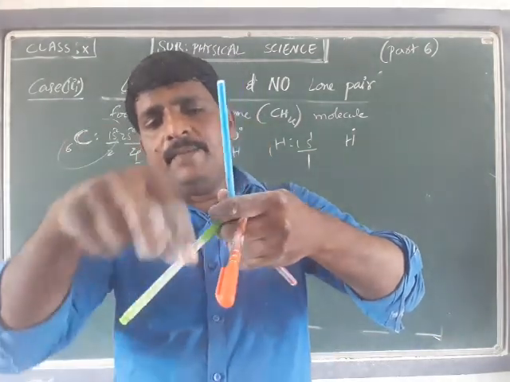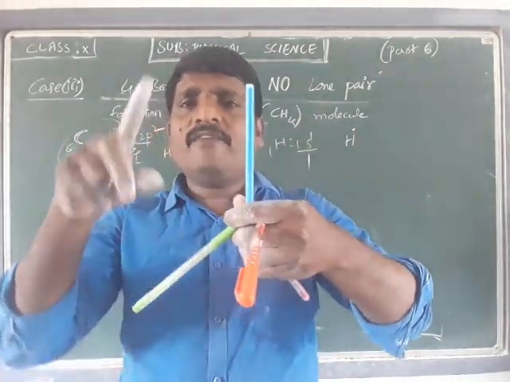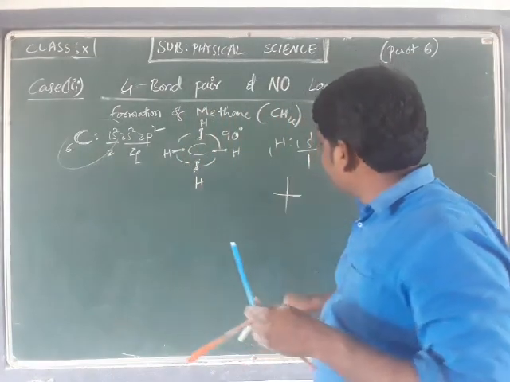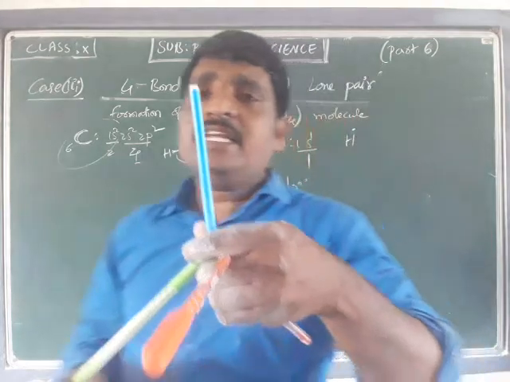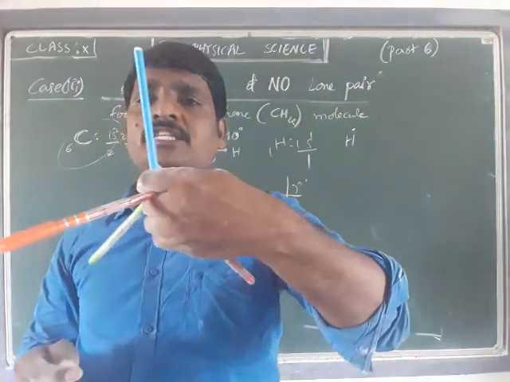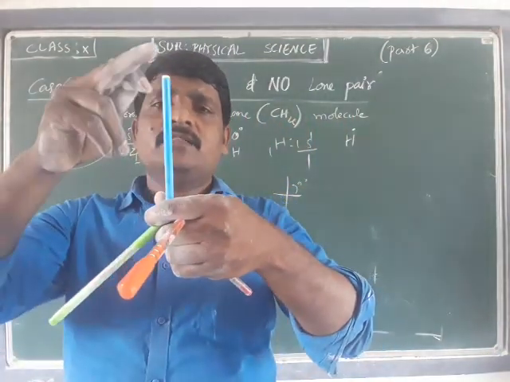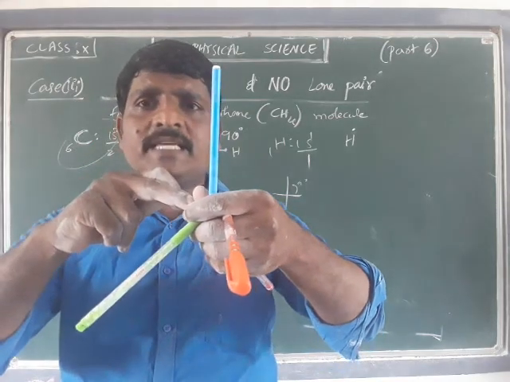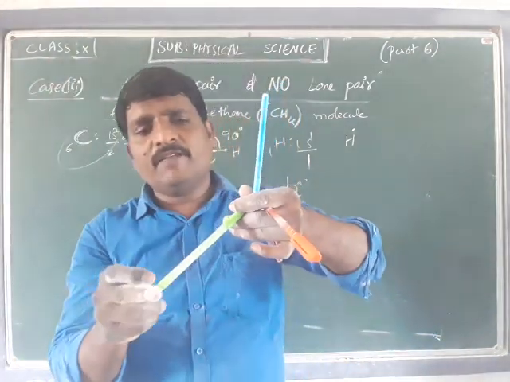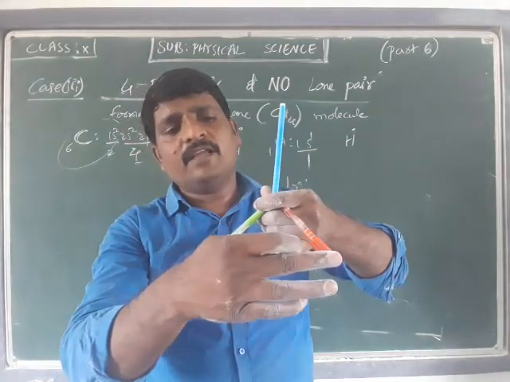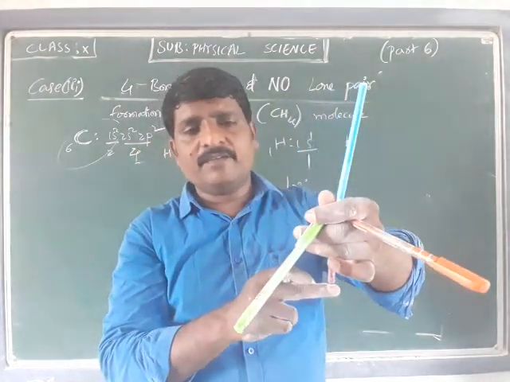Instead of taking 90 degrees, the scientists found a 3-dimensional arrangement. This is carbon at the center, and it is bonding with one hydrogen, with one more hydrogen, and with one more hydrogen.